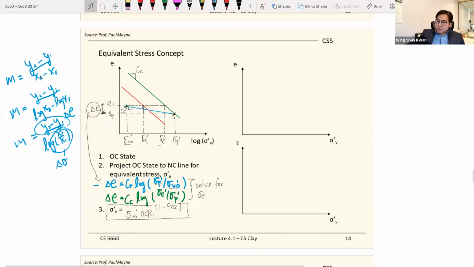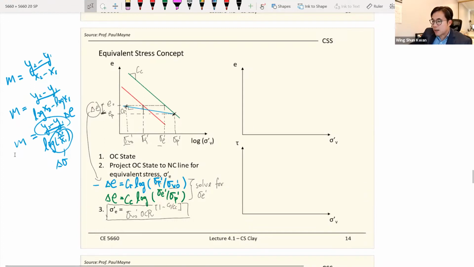On a semi-log scale, the delta x is now in log scale, so it becomes log x2 minus log x1. When you have a log scale, subtracting each other becomes a ratio. So at the end of the day, you get the equation like here.